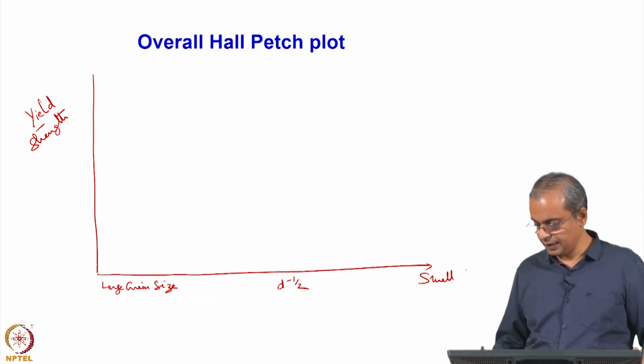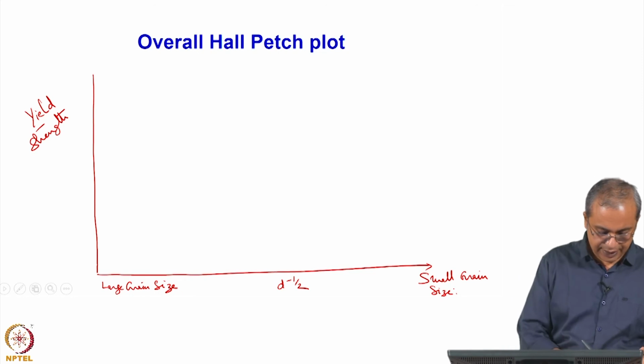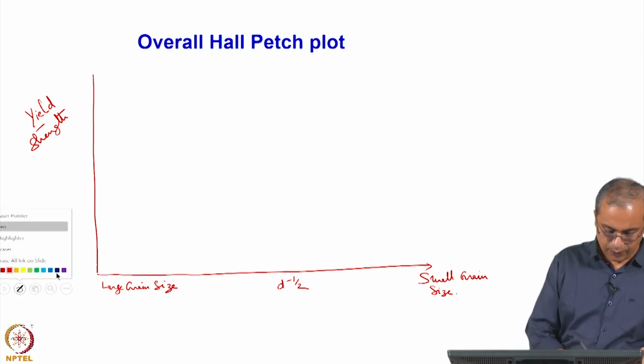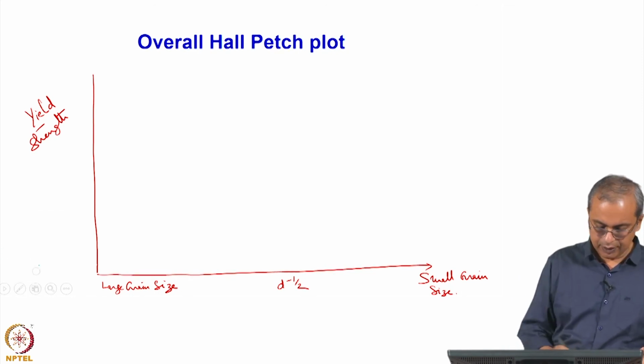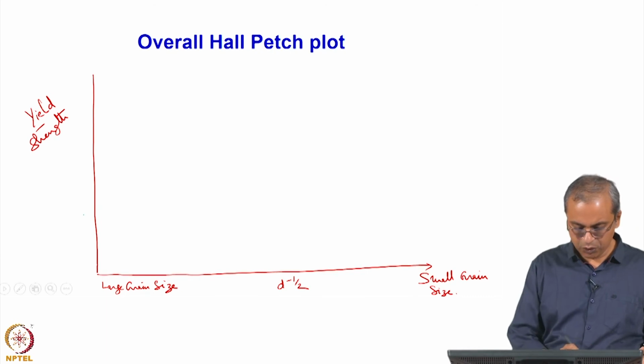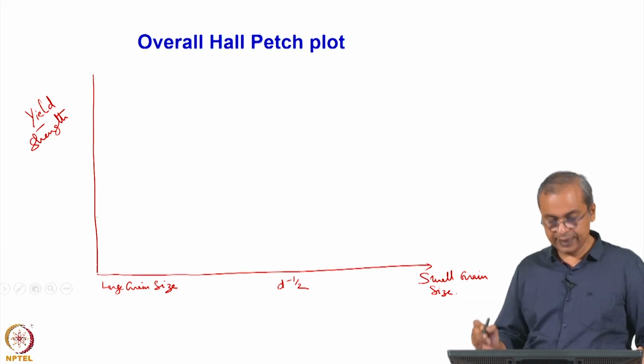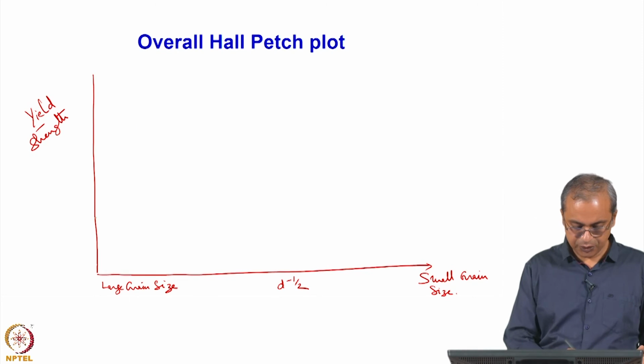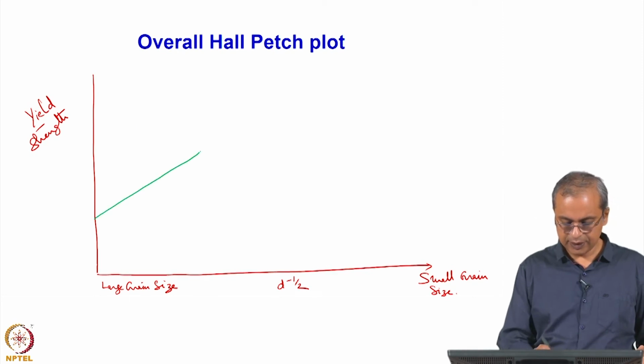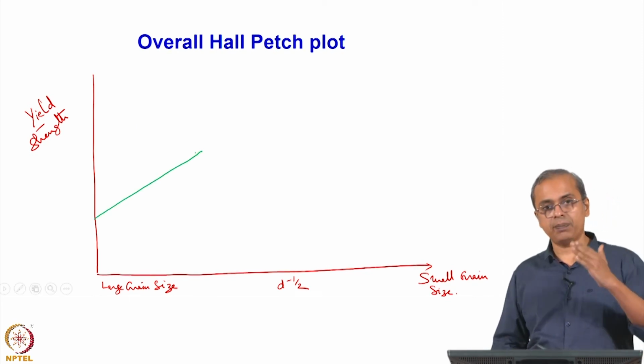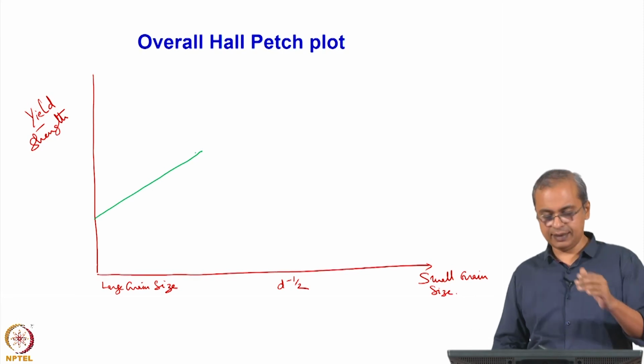This is small grain size. Then what we see is a situation where, when you are going from large grain size and decreasing in grain size, initially you see a positive slope and the strength is increasing.